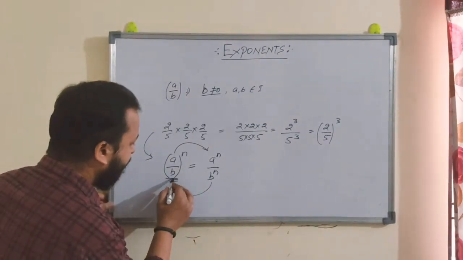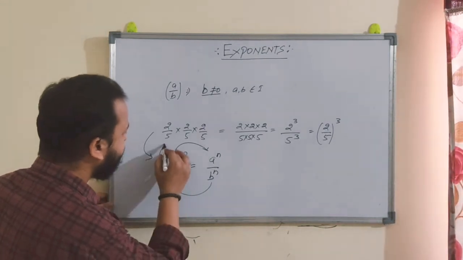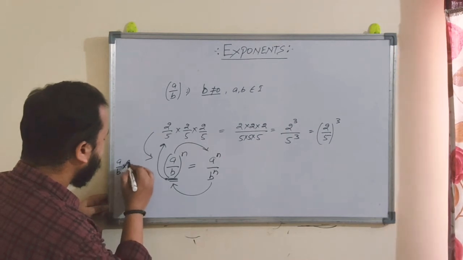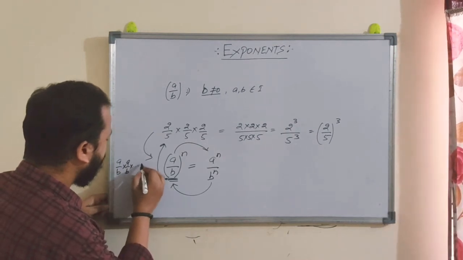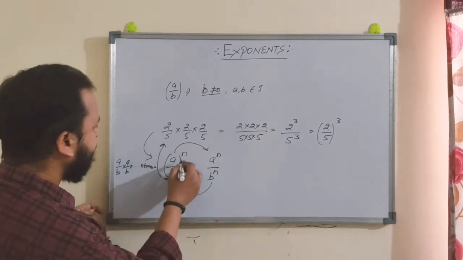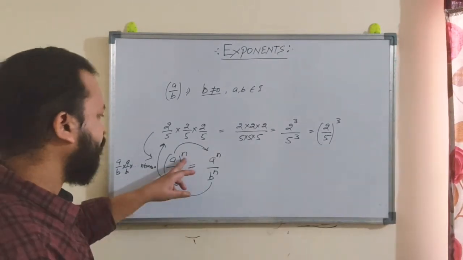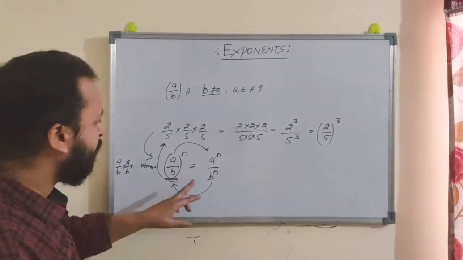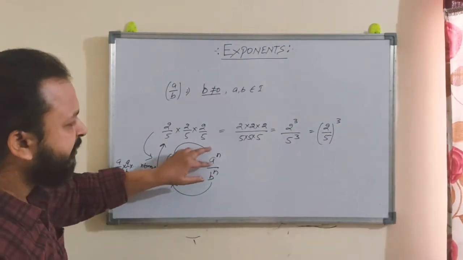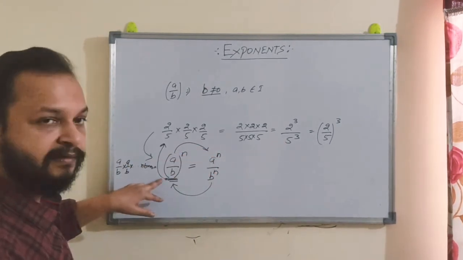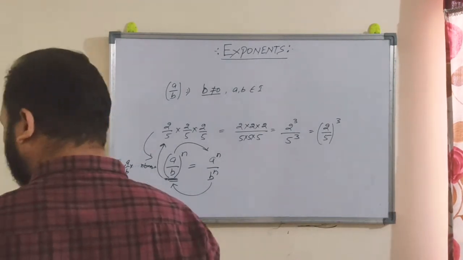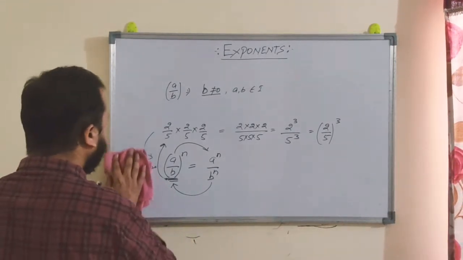And this term comes from this way: a number a by b multiplied by a by b multiplied by dot dot dot n times, that equals a by b whole to the power n. Or if it is written like this, that powers are same, you can write it like this, right? So this was the first law of exponents, right?